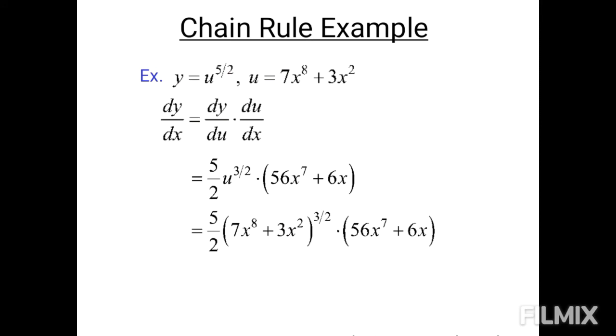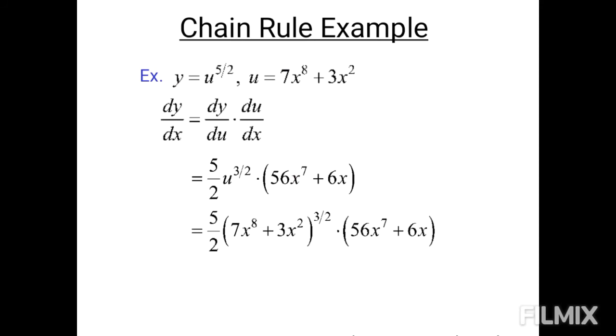It will go like this: we have 5 halves multiplied by 7x raised to the 8th power plus 3x squared raised to 3 halves, times 56x raised to the 7th power plus 6x.